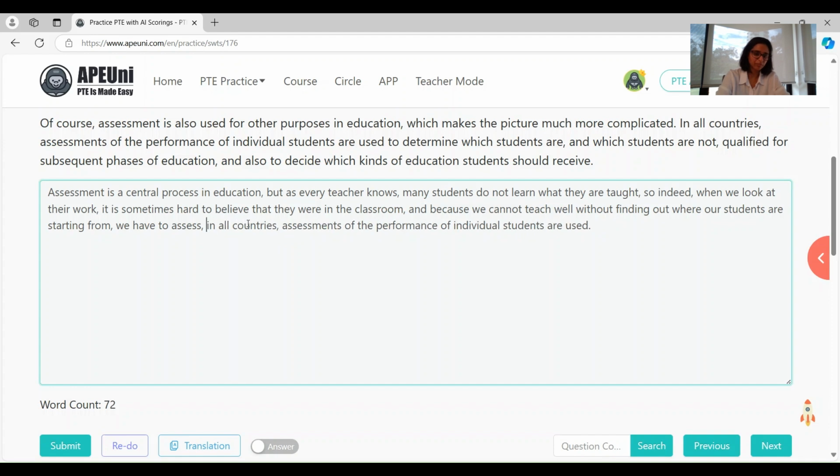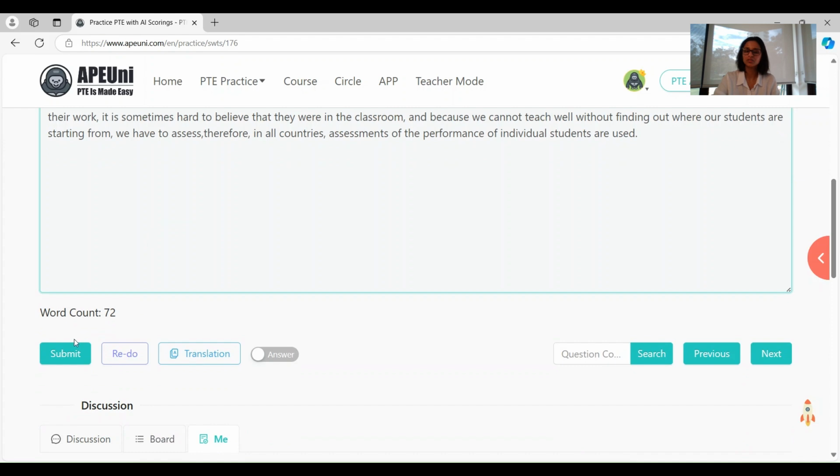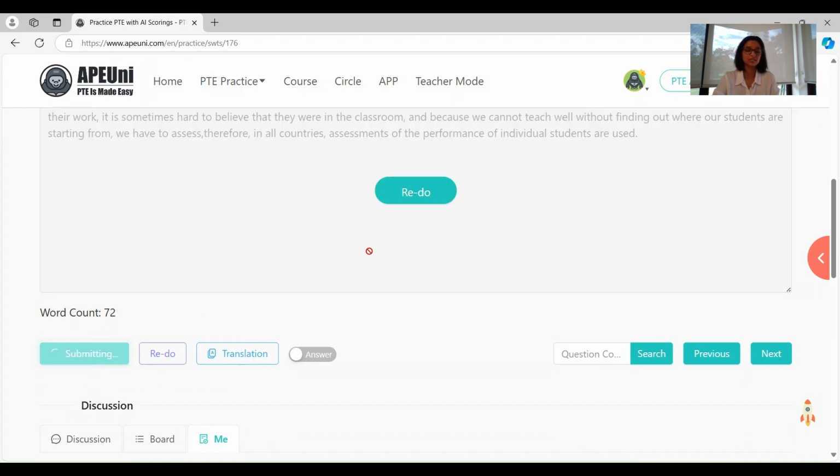So that shouldn't be but, it can be therefore. This is me attempting to make grammatical sense, logical sense, but this is what happens. I think we're not going to get full marks, but we'll see how we go. This is what happens when you try to change things, okay? Don't try to change things. Fingers crossed, I still get a really high score. I'm hoping for at least 6. We'll see how we go.